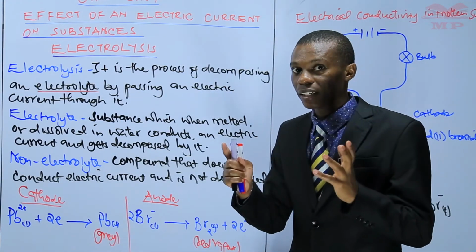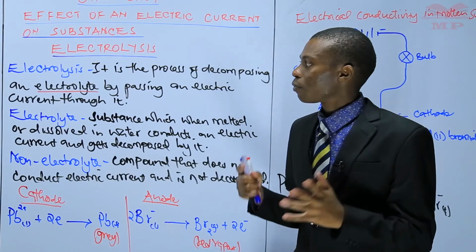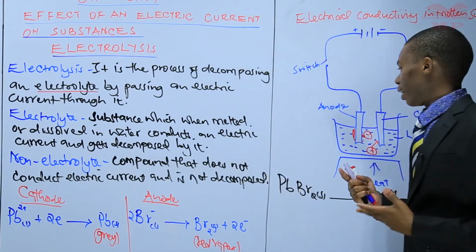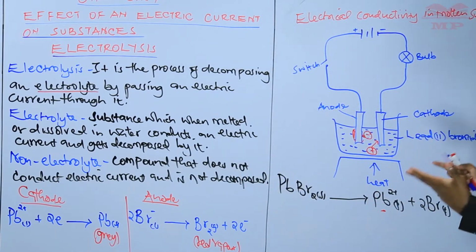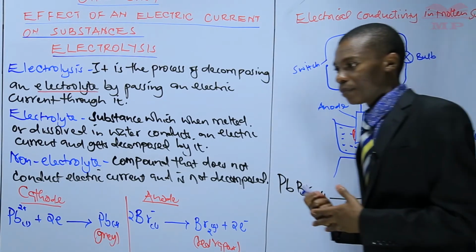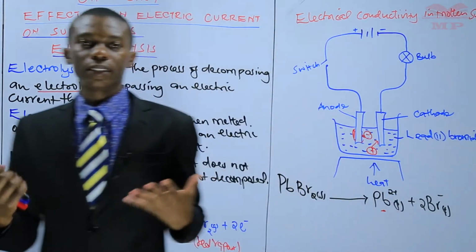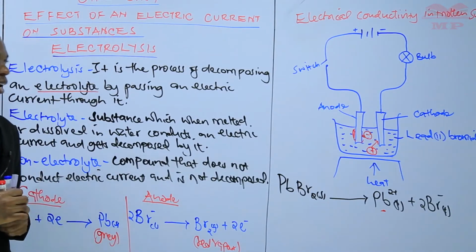I hope you understand that so clearly. Therefore, that's now what we are calling electrolysis, and that is what is happening at both the anode and the cathode. It is that simple.